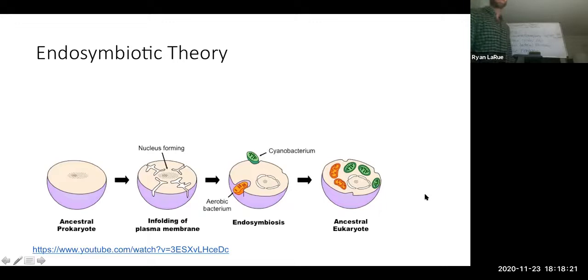This ancestral prokaryote makes a nucleus, fine, that happens. But here's the endosymbiosis. The aerobic bacterium is engulfed, taken up, and now it becomes a part of this eukaryote, the first eukaryote. And of course, the cyanobacterium is also taken up.